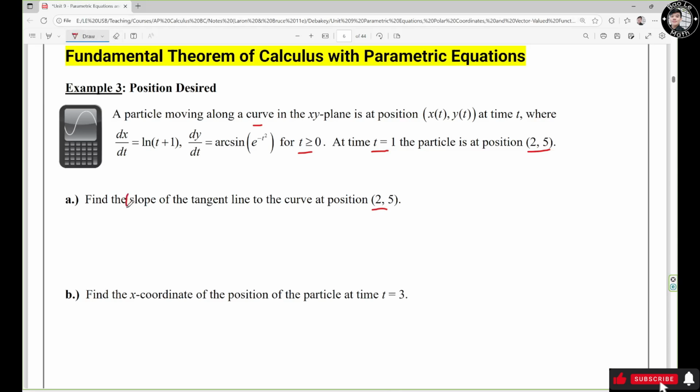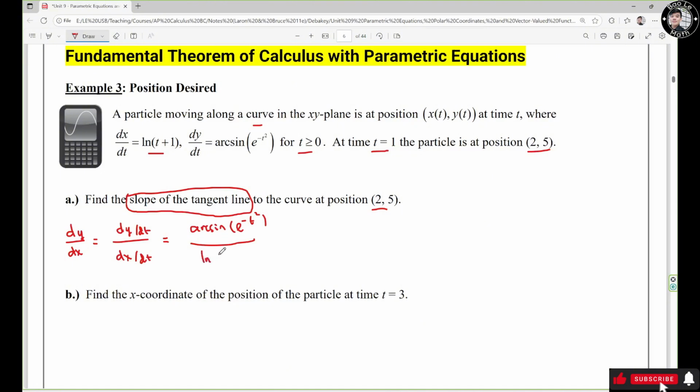So when we talk about the slope of the tangent line, we talk about the first derivative. So we have dy/ds is dy/dt divided by ds/dt. dy/dt is this guy right here, sine of e to the negative t squared, over ds/dt, which is given by this one, natural log of t plus 1.